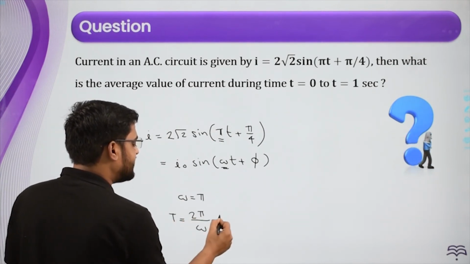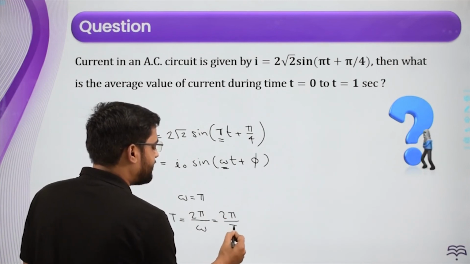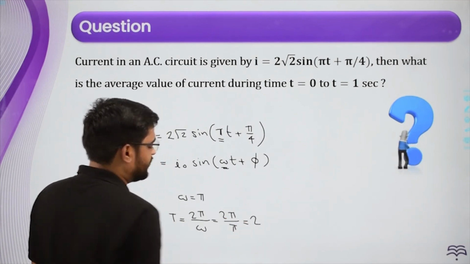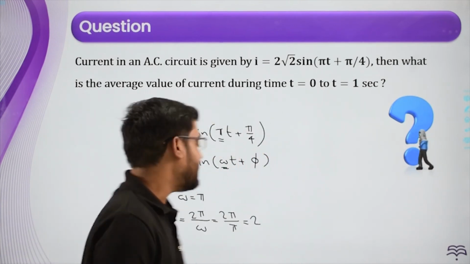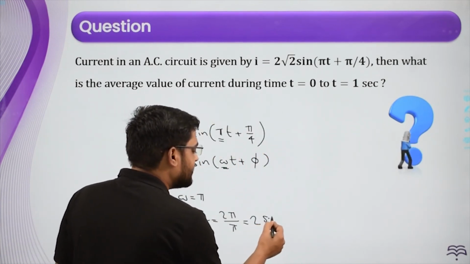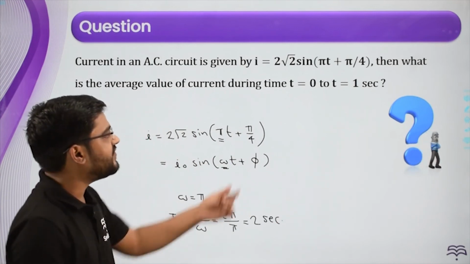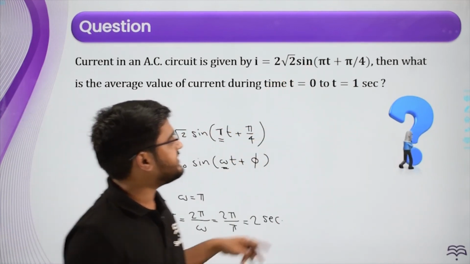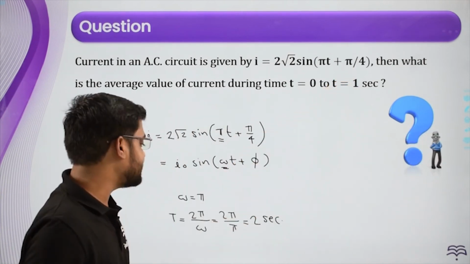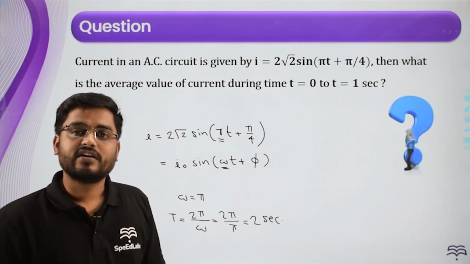And omega is pi, so 2 pi by pi, and that is coming to be 2. So time period is 2 seconds. And if the time period is 2 seconds, then this is a sine function, but 1 second, it is not starting from 0. So they are asking basically for the average value of a half cycle.